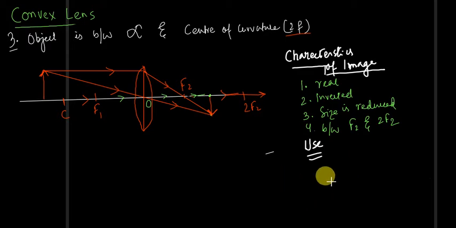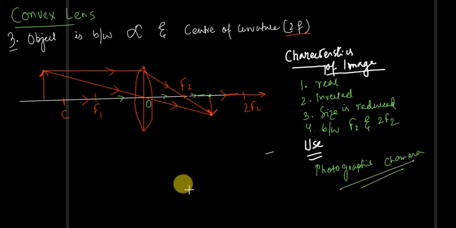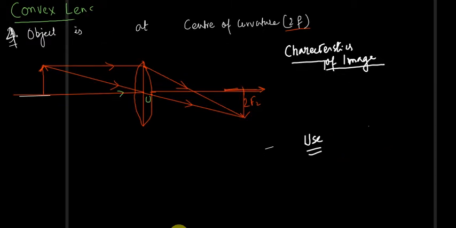Now where can this lens be used? This is generally used in a photographic camera. Okay, now we'll proceed towards our next image and object combination.